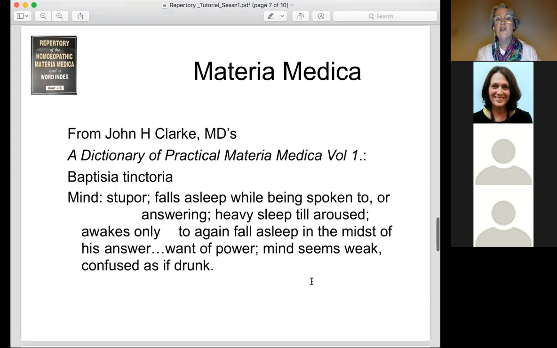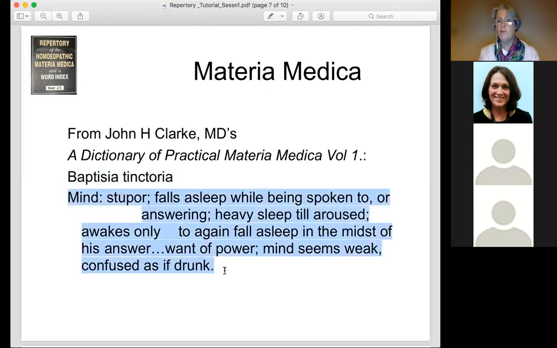So let's look from Clarke at the kind of information that might be said about a remedy. This is from the Dictionary of Practical Materia Medica, Baptisia tinctoria, the Latin name of the plant indigo that gives you blue in your blue jeans. And this is the symptom that comes out of the proving.